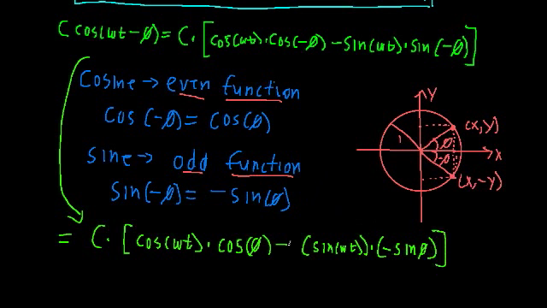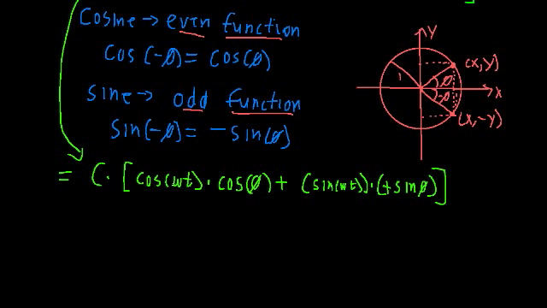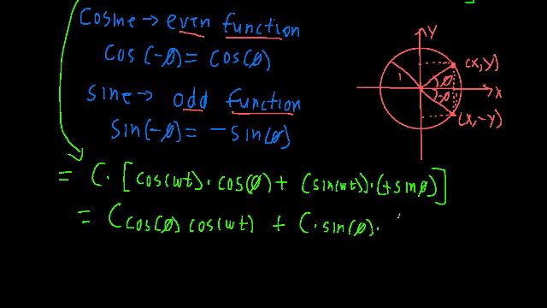So here we have a minus, and then we're multiplying it by something that has another minus. The two minus signs cancel, so we can just write plus. Now let's distribute out the C. I'm just going to rearrange the terms. This is equal to C cosine phi times cosine omega t plus C sine phi times sine of omega t.